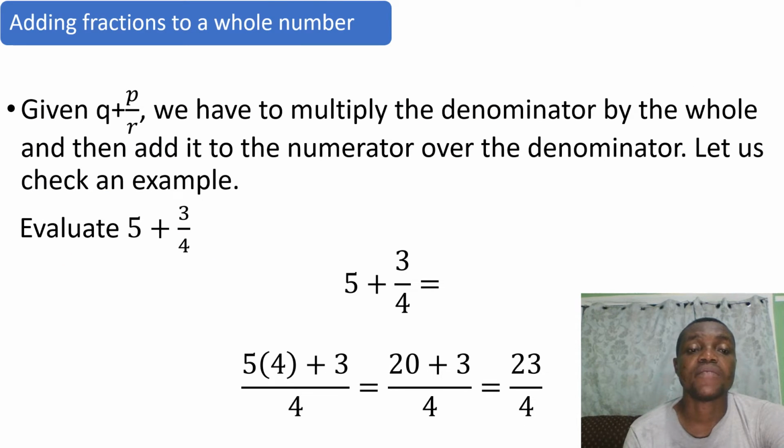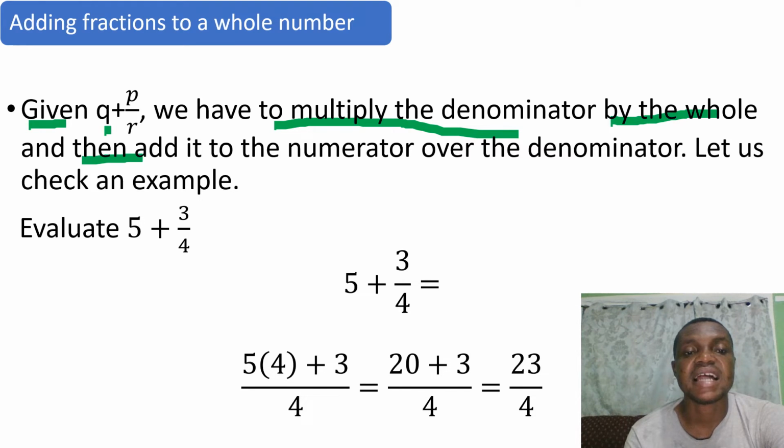When we have a fraction and a whole number, and we are adding, what are we going to do? Adding a fraction to a whole number. Given Q plus P over R, we have to multiply the denominator by the whole number, then we add it to the numerator, all over the denominator.